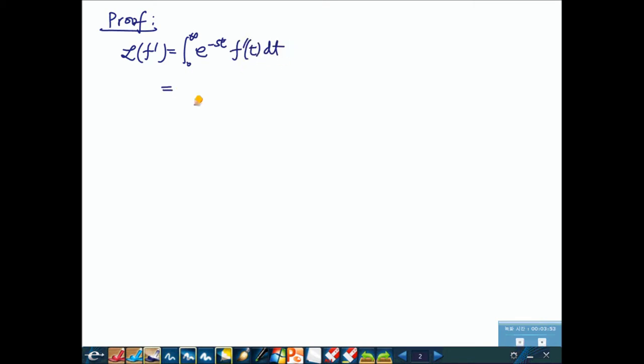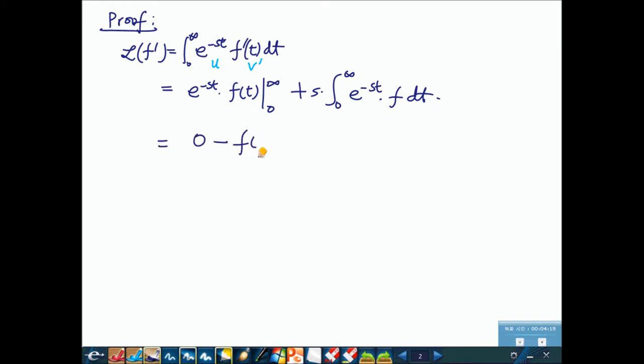This is u and v prime, so integrate by parts: e to the minus st f of t from 0 to infinity, plus s times the integral from 0 to infinity of e to the minus st times f dt. So this is 0 and minus f of 0, plus s times L of f. That's the proof.